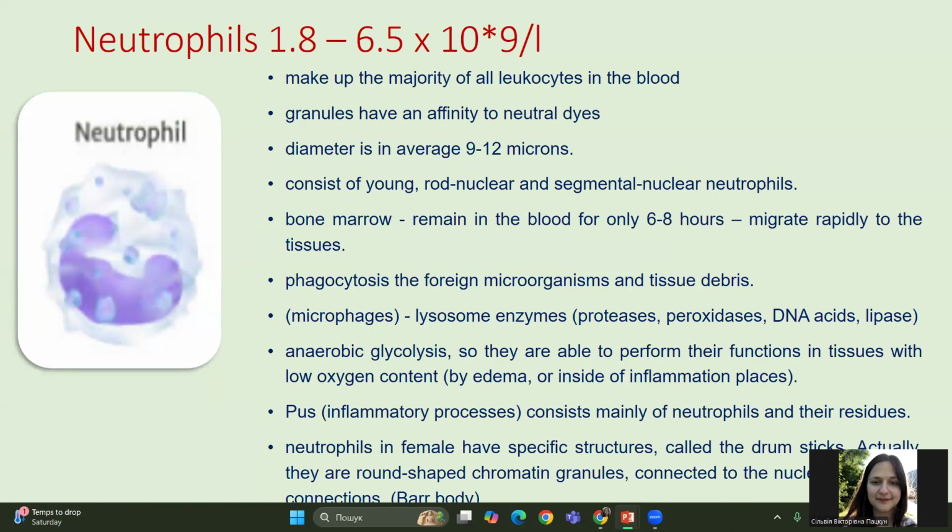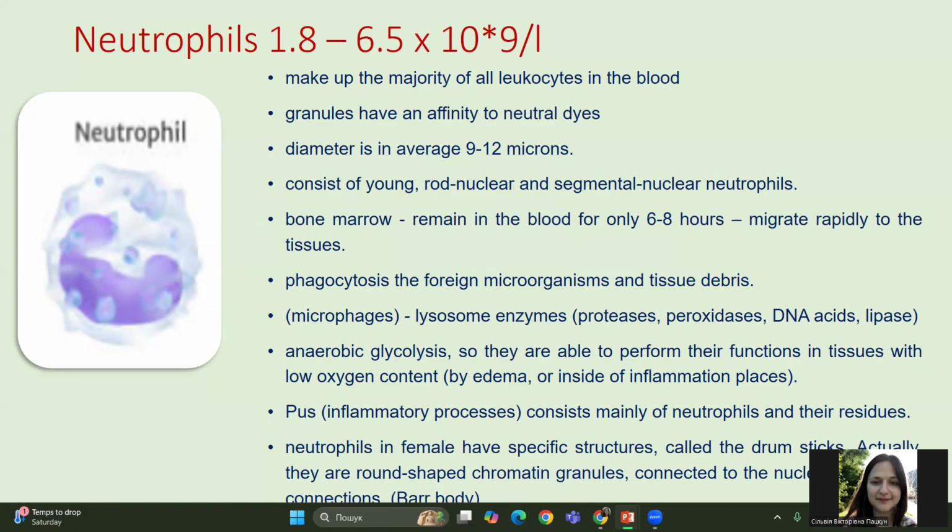So, the first type of leukocytes, neutrophils, make 1.8 to 6.5 times 10 to the 9th per liter. They make the majority of all leukocytes in the blood. Granules have an affinity to neutral dyes. Diameter is on average from 9 to 12 microns.